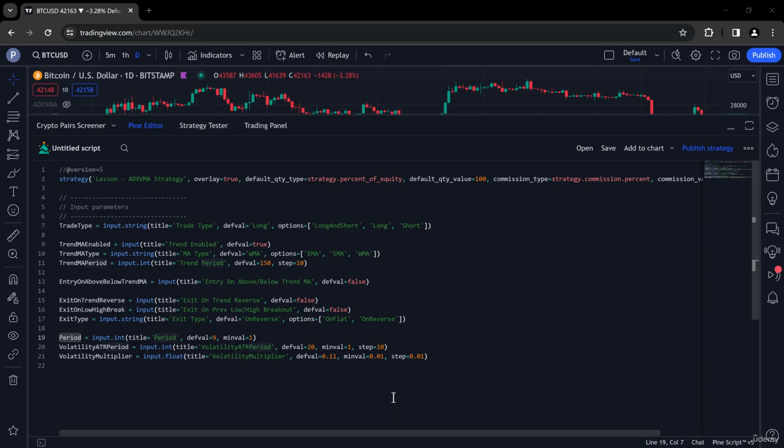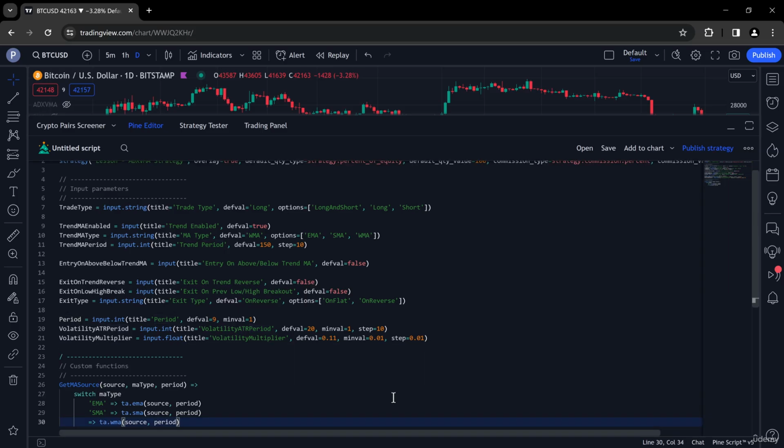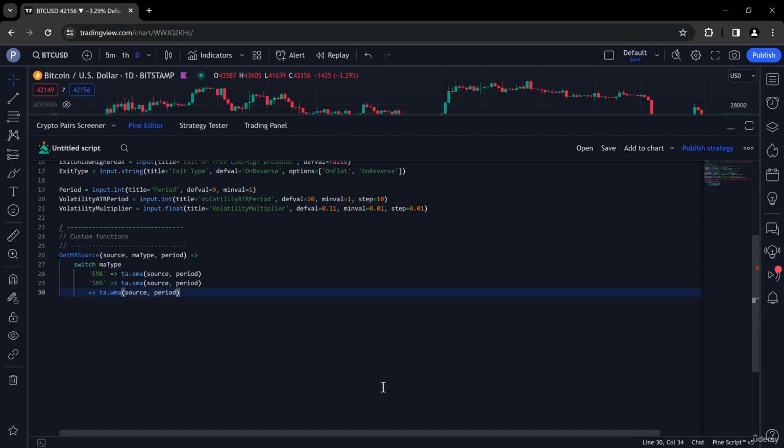Next section is related to the functions that we use in our ADX VMA strategy. We use here one function which is get MA source. This function is responsible for returning us the proper moving average type.